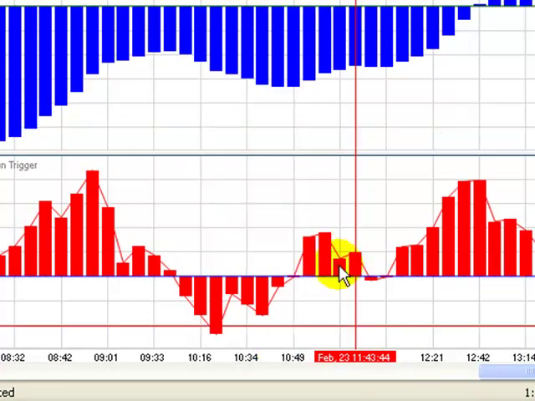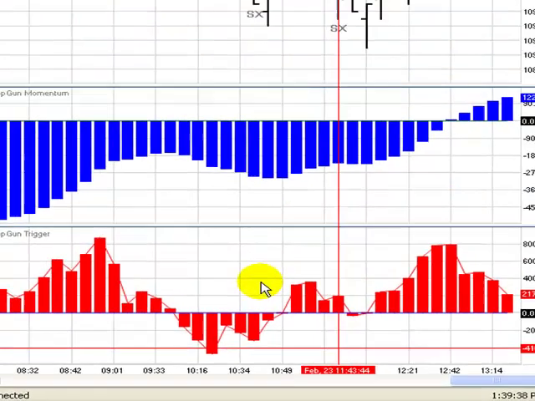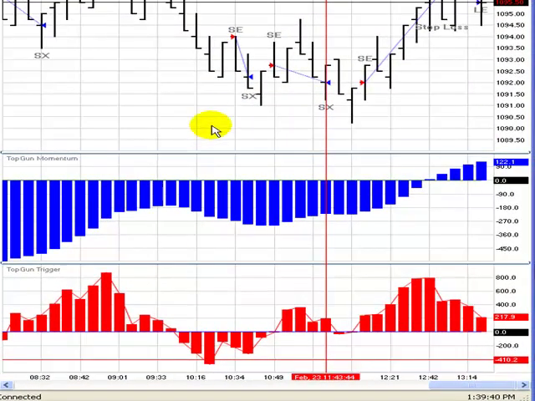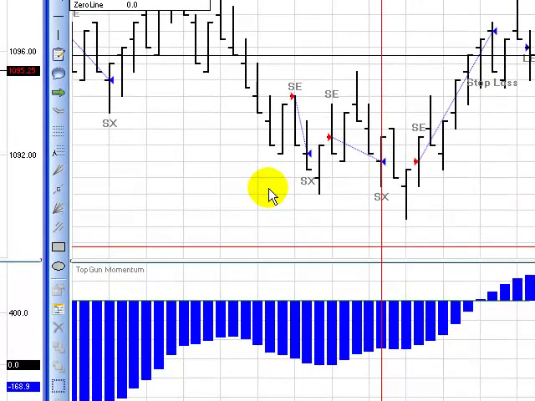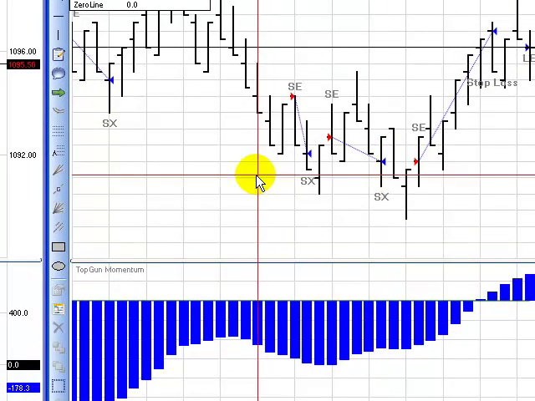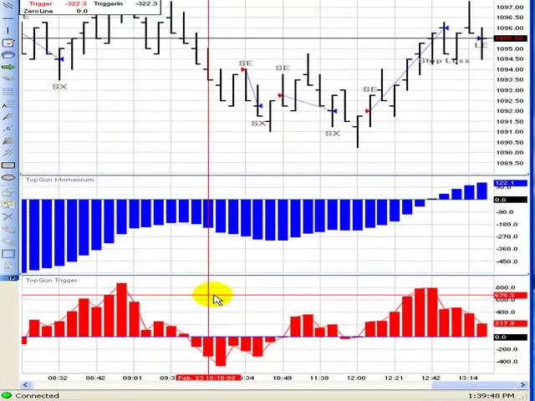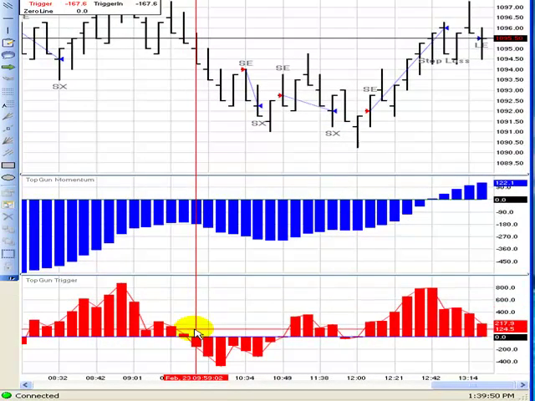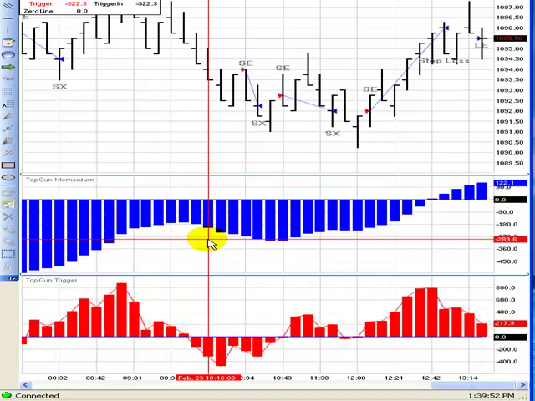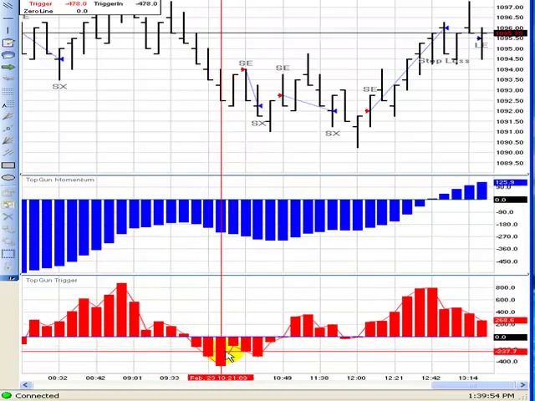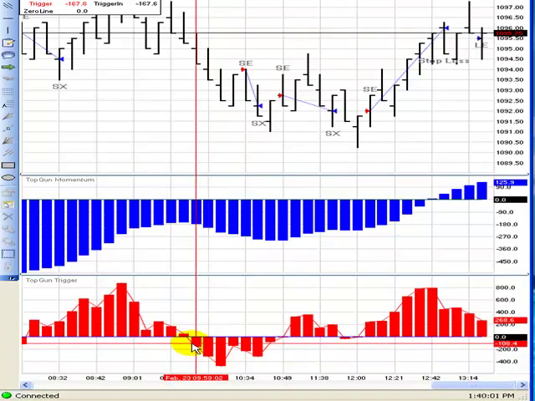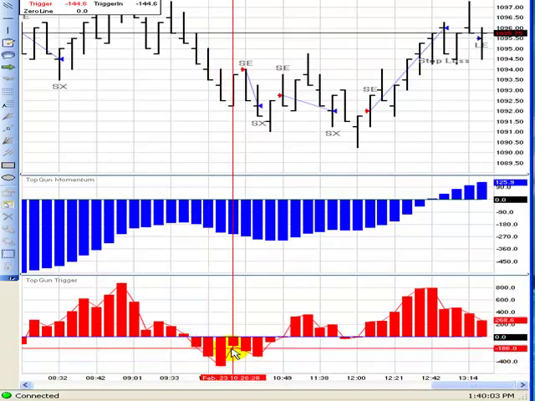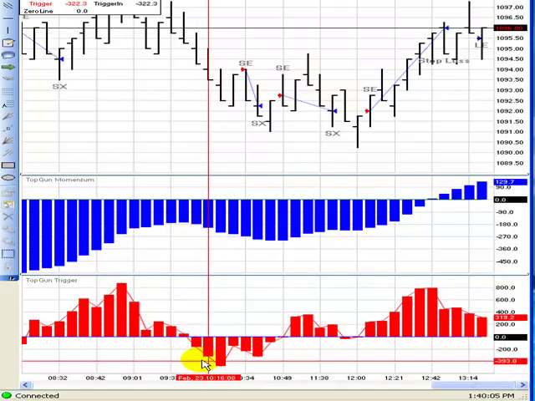Now the trigger indicator is what gets us in and out of trades. With the TopGun, it's a little different than the Bearcat, because what we're actually looking for is the setup we see right here. Now I'm going to bring my mouse down here, and you'll notice we're below 0, so we're looking to go short, so our trigger needs to be below 0. We're then looking for this pyramid effect of our histogram.